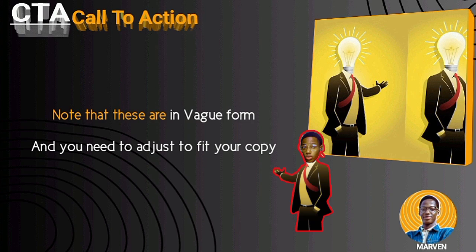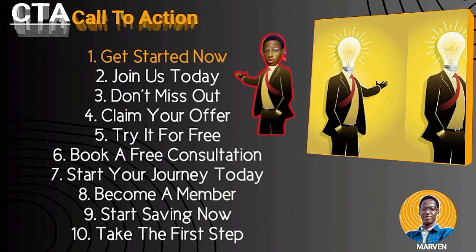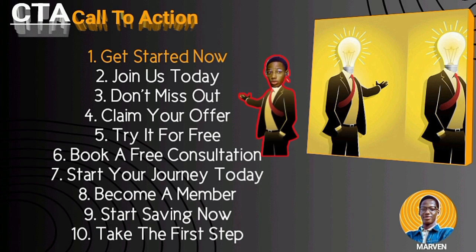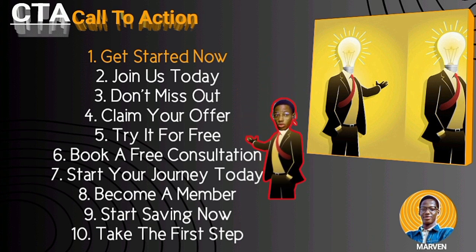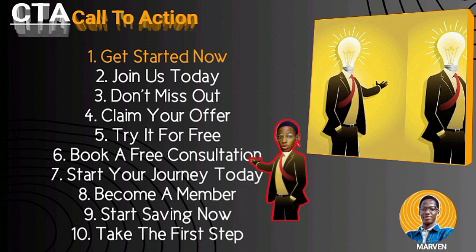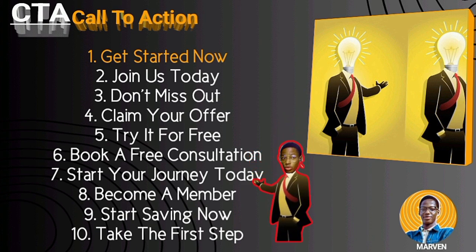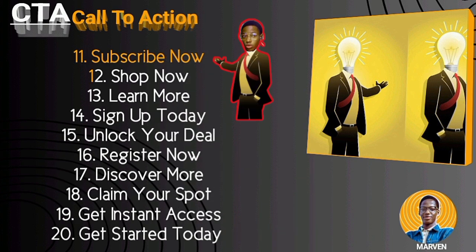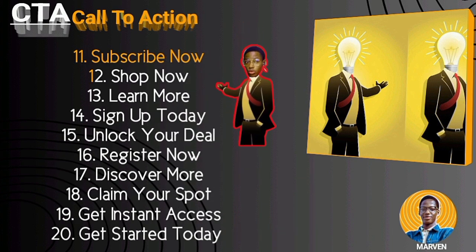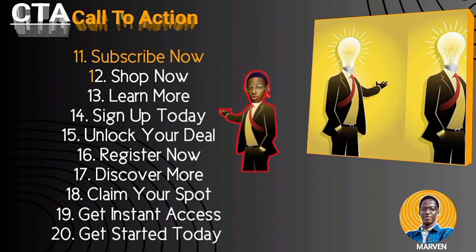So what are they? The first, get started now. Join us today. Don't miss out. Claim your offer. Try it for free. Book a free consultation. Start your journey today. Become a member. Start saving now. Take the first step. Subscribe now. Shop now. Learn more. Sign up today.